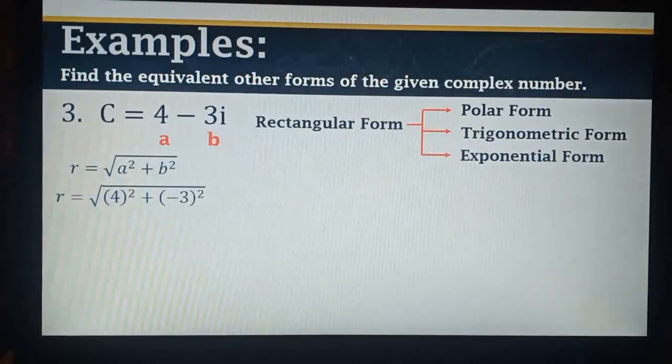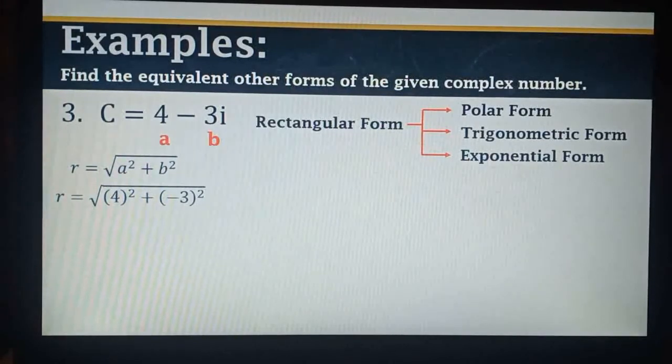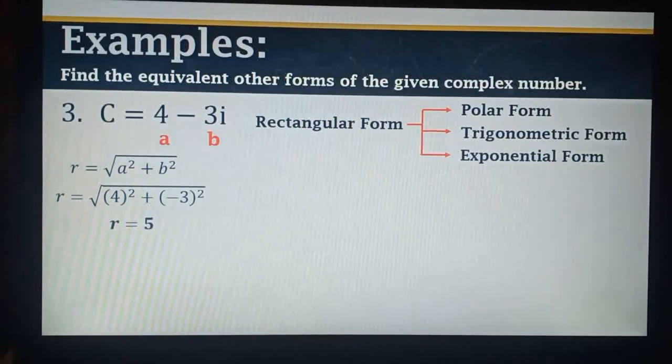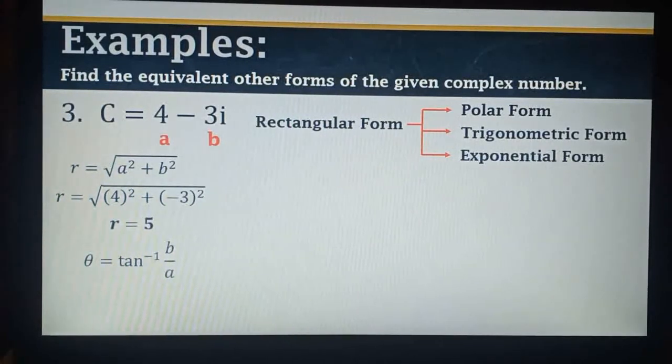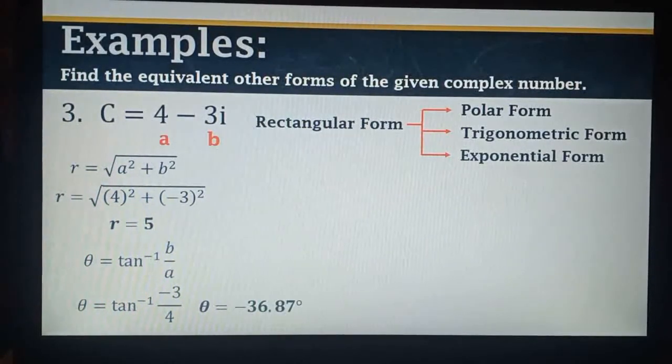Computing for the r, that is the square root of 4 squared plus negative 3 squared, you will have r equated to 5. Then for the theta, that is arctan of b over a, that is arctan of negative 3 over 4, which is computed to be also negative 36.87.